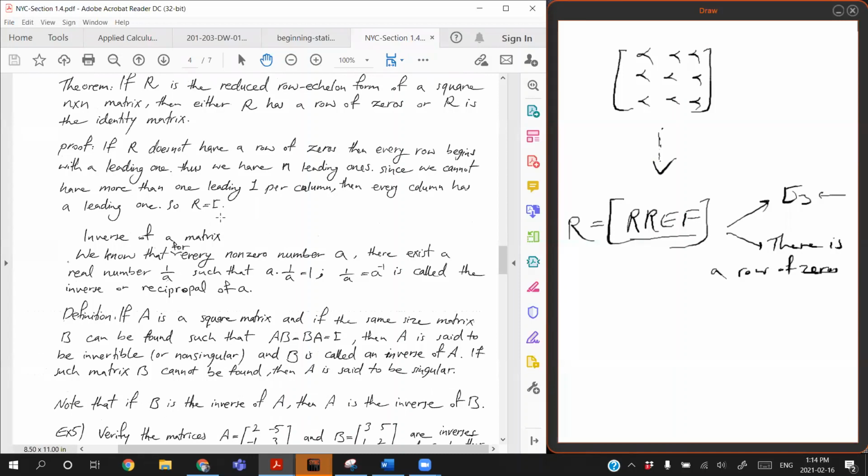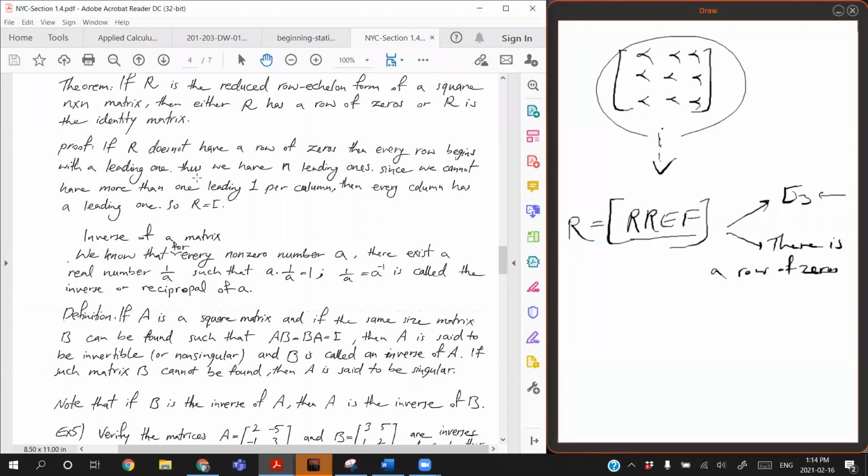Proof? If R doesn't have a row of zeros, then what does that mean? That means every row has a leading 1, right? If R does not have a row of zeros, then every row begins with a leading 1. So that means we have exactly n leading 1s. So for a 3 by 3 matrix, if there is no row of zeros, that means there are 3 leading 1s, because every row must begin with a leading 1.